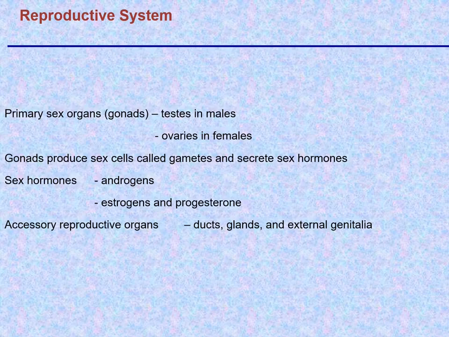There are also in the reproductive systems in both male and female ducts and glands and external genitalia. Essentially, you could look at both the male and female reproductive organ system as the gonads, where the reproductive cells or gametes are produced, and then a series of ducts that eventually lead to the outside, with some glands that secrete material into the duct system.